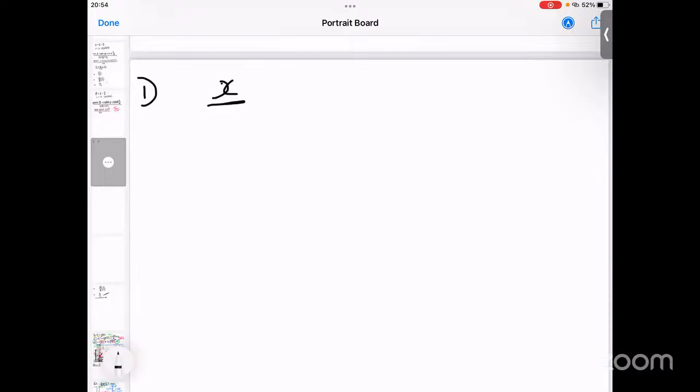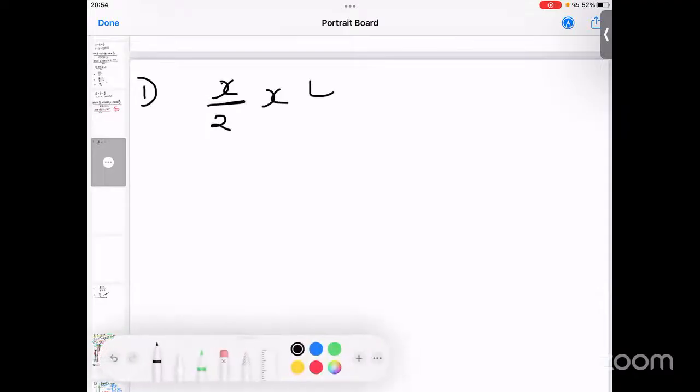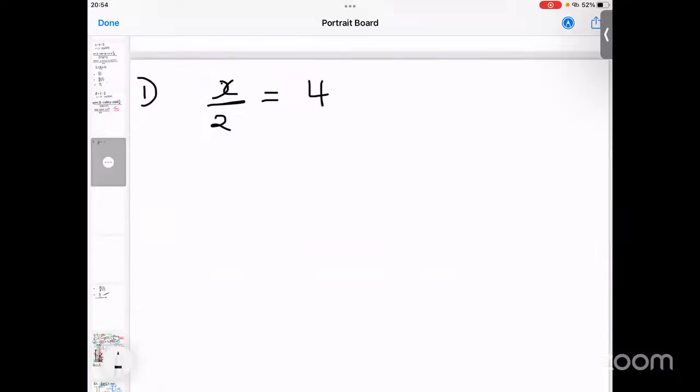Let me start here: if you have this which equals that, you see now it is a fraction, but in this case it's not an expression. How do you do this? You force the other side to be a fraction so that you can cross multiply, which means the one with the x, and then the number times the number, 2 times that, which is 8. And that is the end of it.